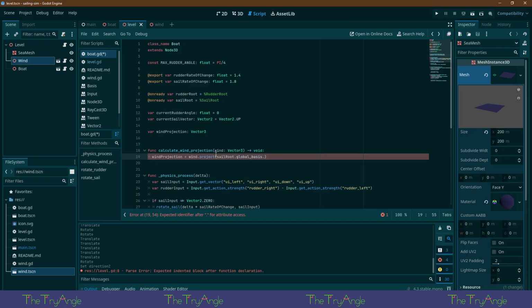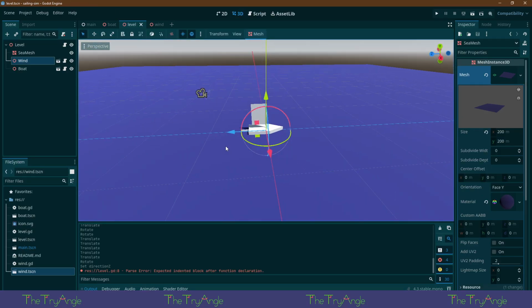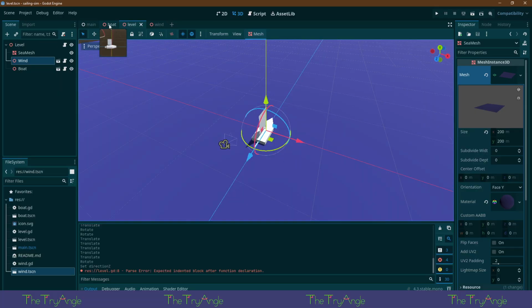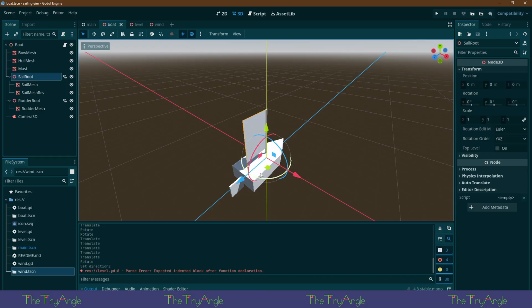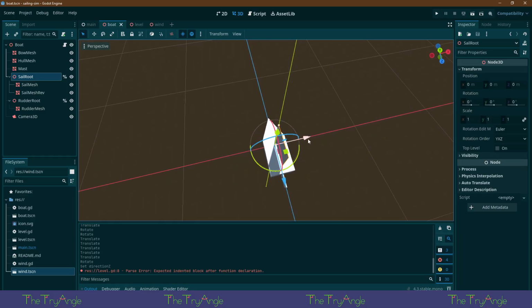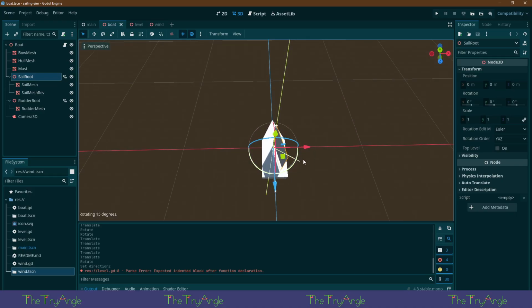And which one is it? All right, so this is, oh, whoops. This is the boat. And we want the X direction. And ultimately, we want like the absolute. Because let's say the wind's blowing the sails this way. If the wind is blowing this way, it'll pick up on that X direction.